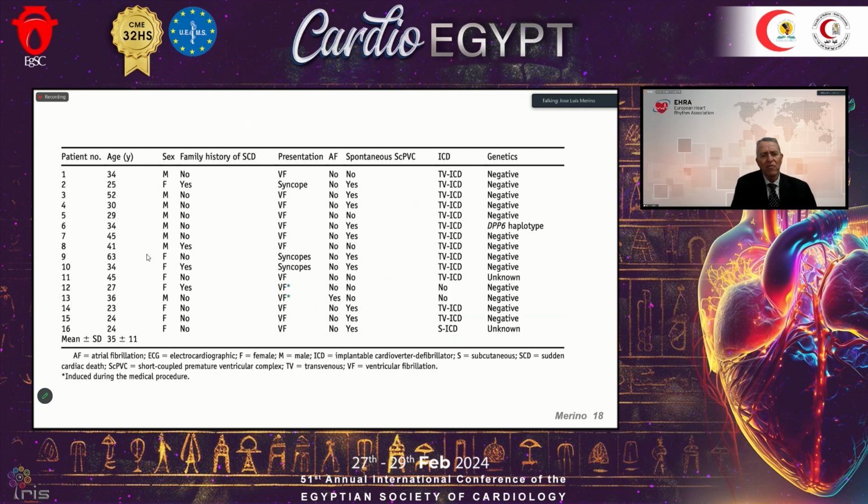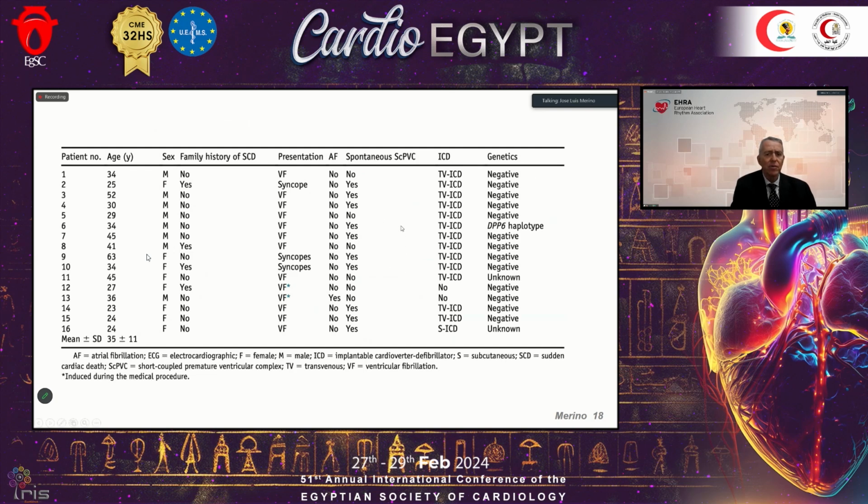But while we were infusing class 1 drugs, ajmaline or flecainide, in order to see if the patient had Brugada syndrome, we found that in some of them, despite not having Brugada syndrome, these PVCs were unmasked by the ajmaline or flecainide infusion.